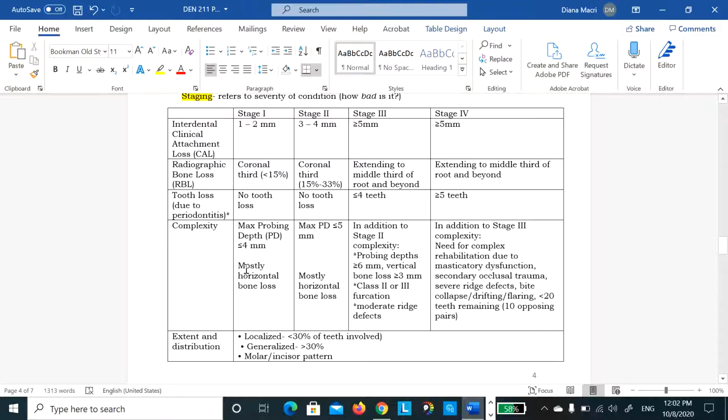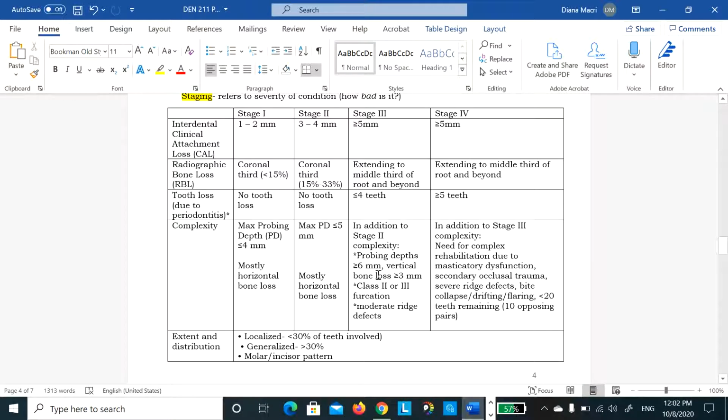Okay, and additionally, my patients in stage 1 perio really have mostly horizontal bone loss. In stage 2, we have maximum probing depths equal to or less than 5. And again, mostly horizontal bone loss. And now when we get to stage 3 and 4, we have more complicating factors.